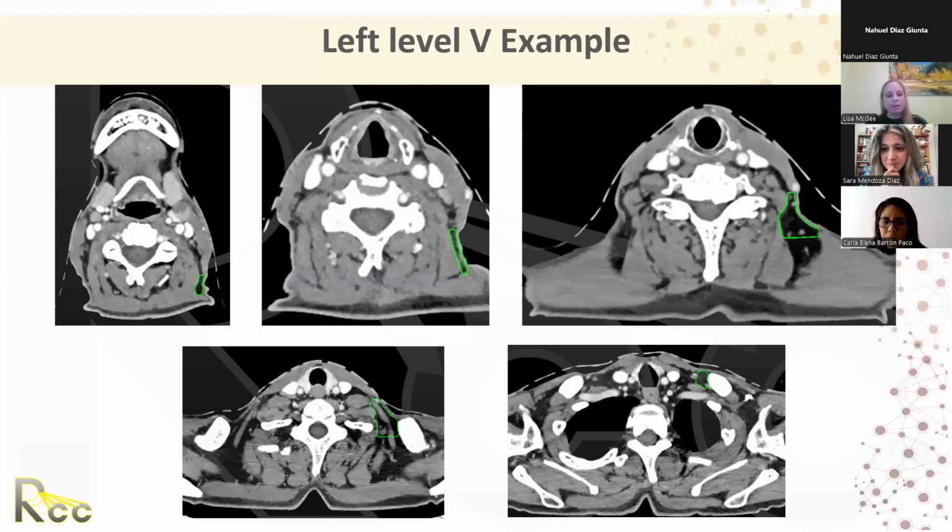So if we're going to consider how to stylistically modify this on an individual basis, first and foremost, I think it's important to scroll through your entire image set before you even start contouring. If you can visualize any lymph nodes deeper, more posteriorly than the traditional contour, that would definitely be an indication where you would want to bring your contours more posteriorly.